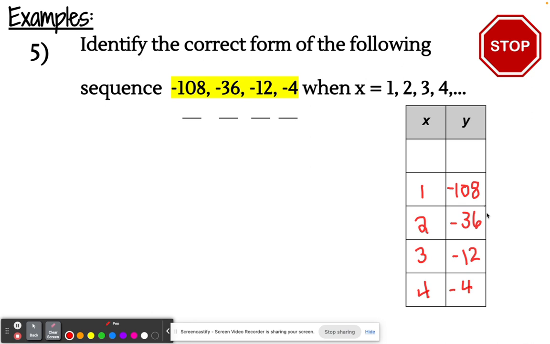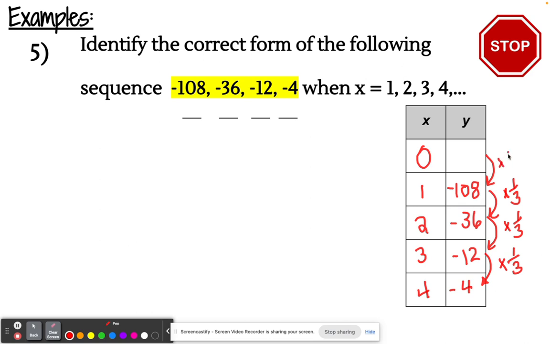Sometimes it's hard to see, but you might want to say you're dividing by 3, but remember that's multiplied by 1/3. Multiplied by 1/3. And 1/3 of 108 is 36. It's negative. So backing up to my 0 term, what number times 1/3 is negative 108?